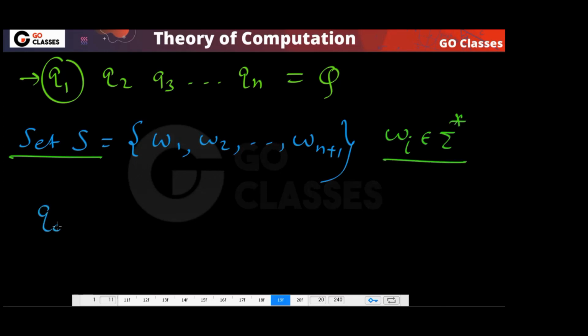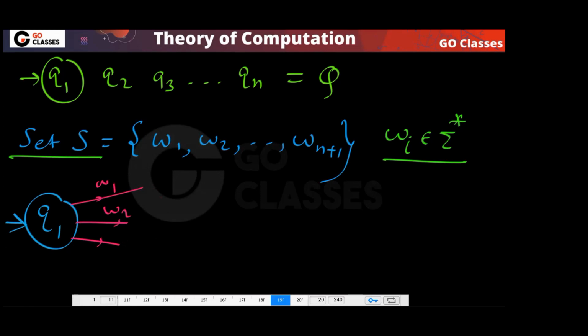Definitely the DFA will start in the initial state. Now on W1, on W2, it can go to different states, but how many states do we need? Tell me.